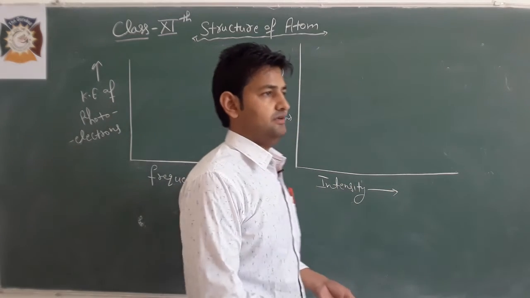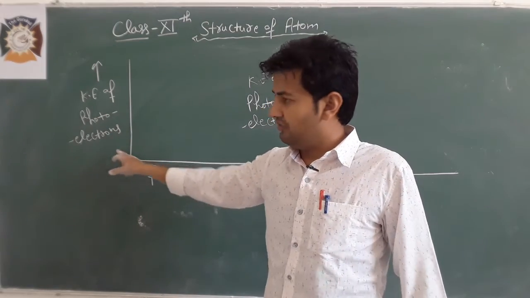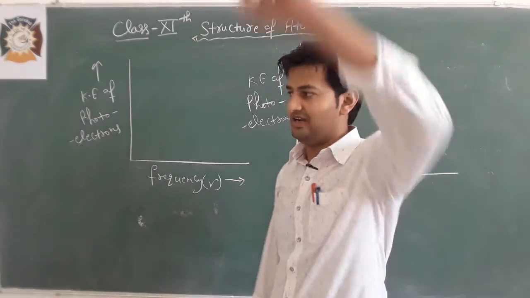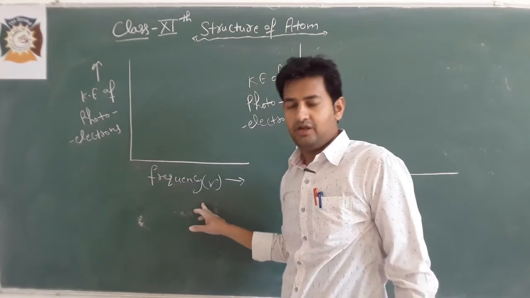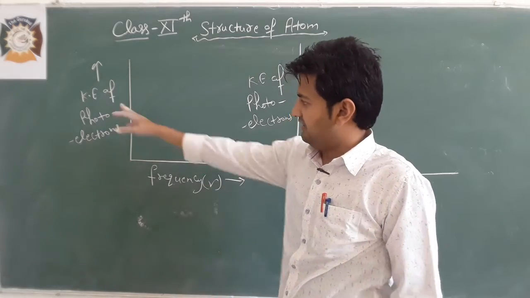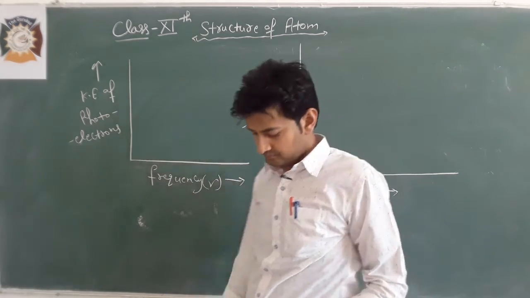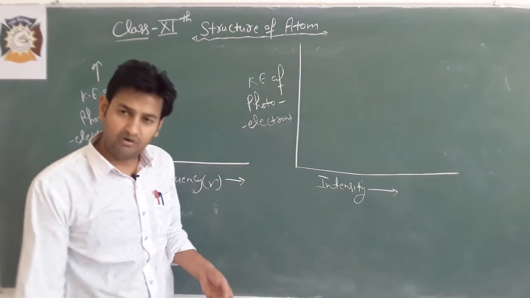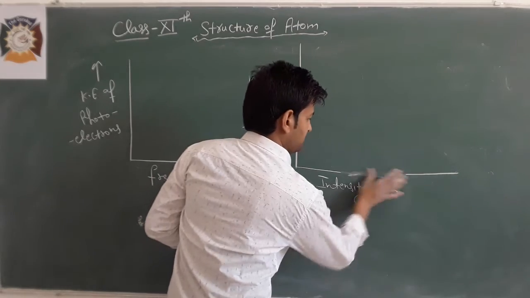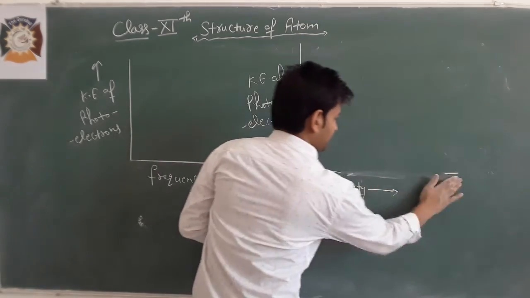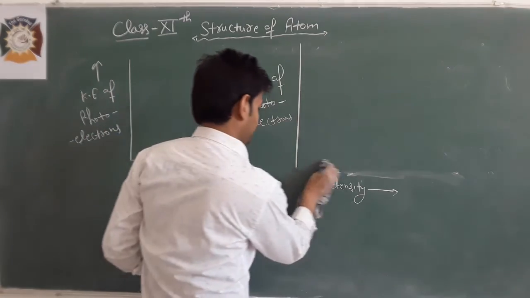We know that the kinetic energy or velocity of the electrons ejected from the surface of metal depends upon the frequency. As we increase frequency, the kinetic energy of photoelectrons ejected increases. But there is a requirement of some minimum frequency for the ejection of electrons from the metal surface.